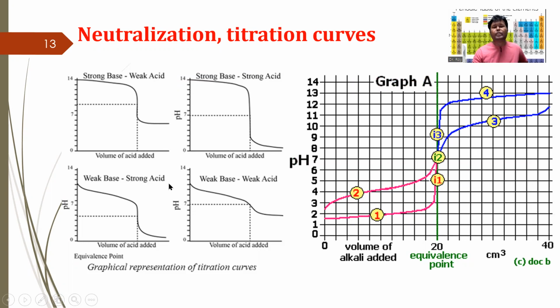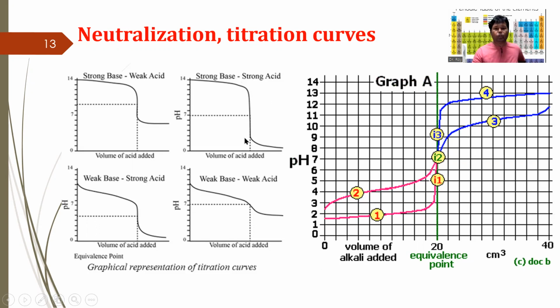And for weak base and strong acid, the pH of a weak base is close to 7 or a little bit higher than 7, not close to 14. So when we start the titration of a weak base with a strong acid, we gradually or rapidly decrease the value of pH, and then at a pH of 7 it has a sharp decrease, but not too long, as we have a very long or rapid drop.